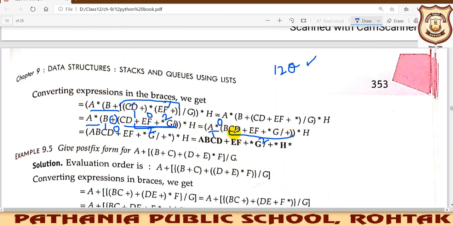So A will be attached to the first element only and rest everything will be copied as it is. So you will write A B C D plus EF, then plus multiply G division, everything is same up to here. Now the operator which was in between, multiplication, we have put here. I hope it is also clear to you.